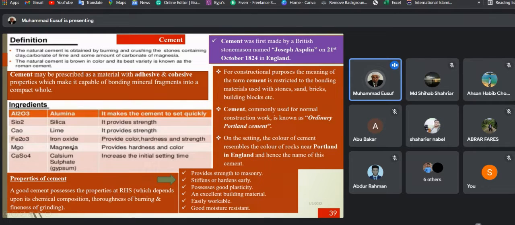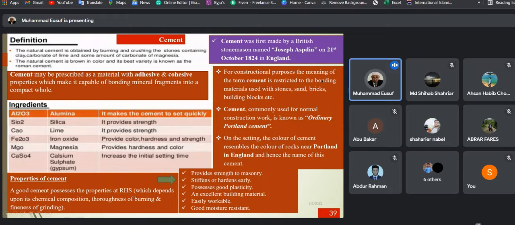MgO, magnesia, magnesium oxide provides hardness and color. Aluminum oxide, silica, calcium oxide, ferrous oxide, magnesium oxide, calcium sulfate.